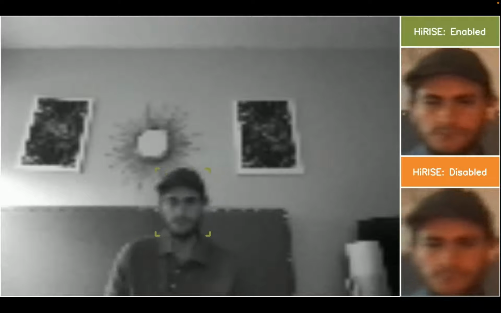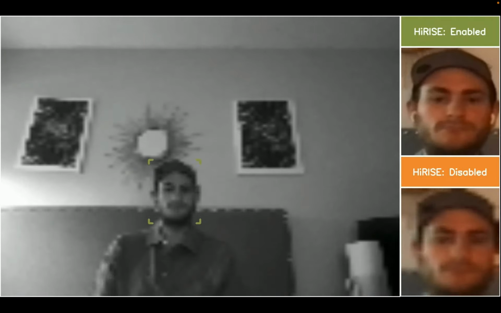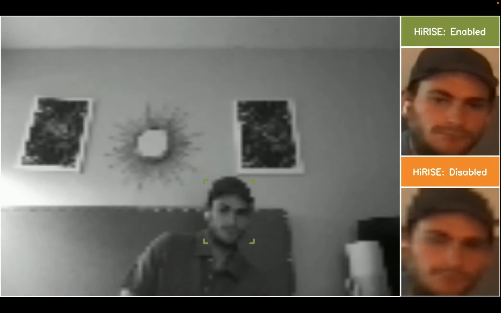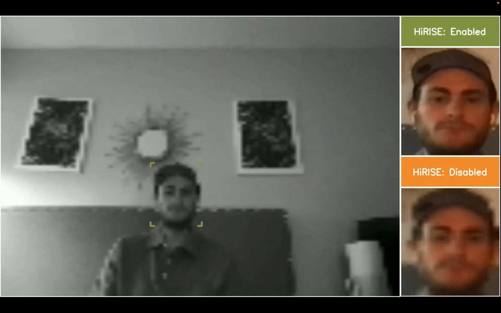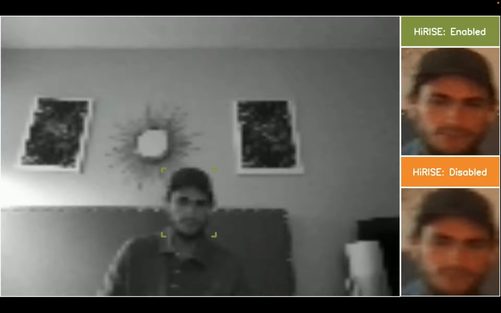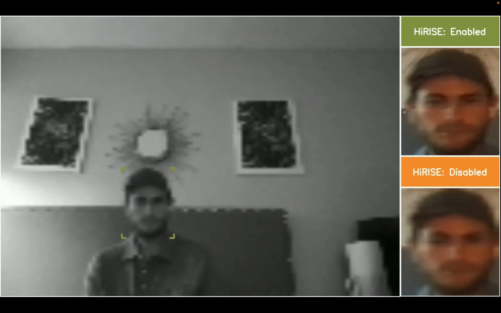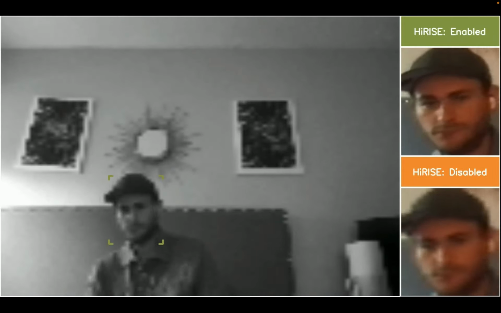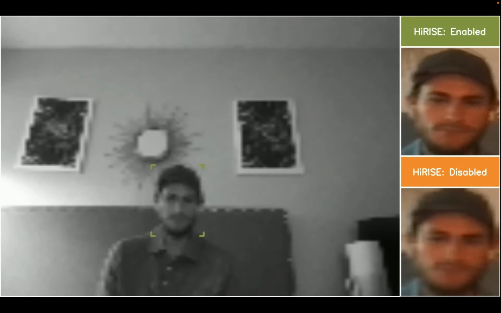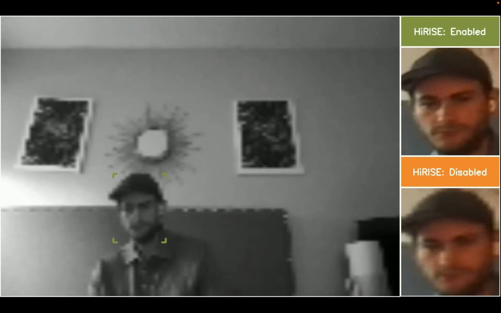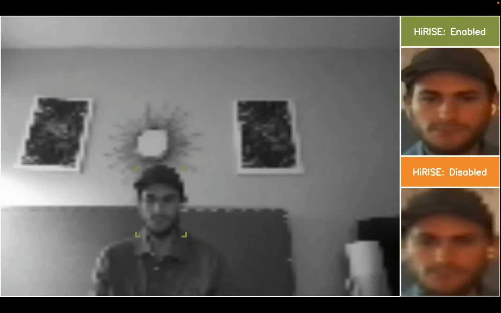In the demo, you see on the left a very low resolution image. This is the output of the in-sensor compression circuit. Even though it's grayscale and low resolution, the object detection model has no problem finding where the face is in this image. Next, on the right, you can see the output of a HiRISE enabled ROI extracted from the high resolution pixel array versus a traditional system without HiRISE.